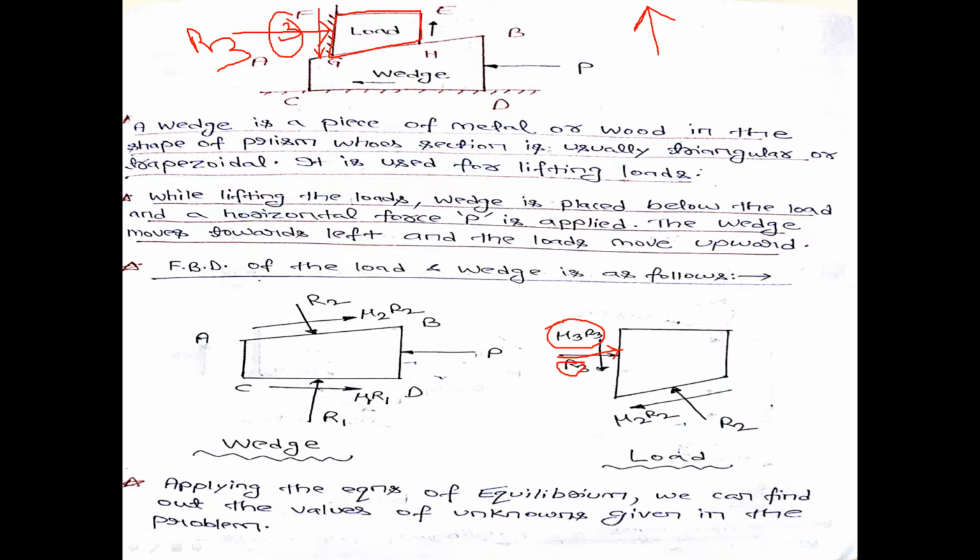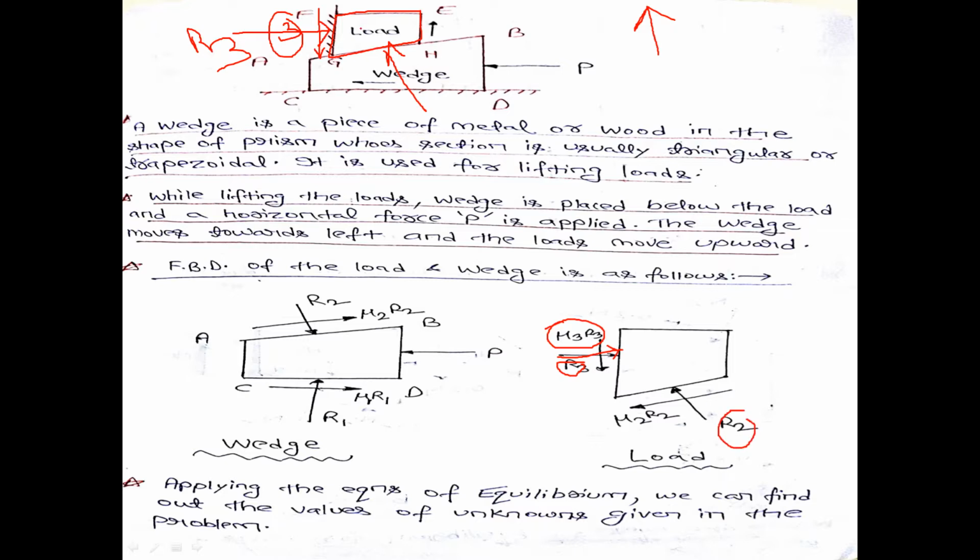Now this load is in contact with the wedge along GH, that is surface number 2. So the wedge will give a reaction to this load. So this is that reaction R2.